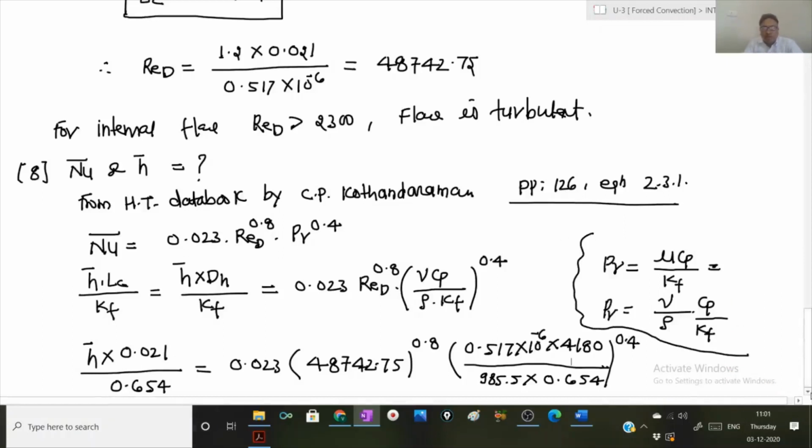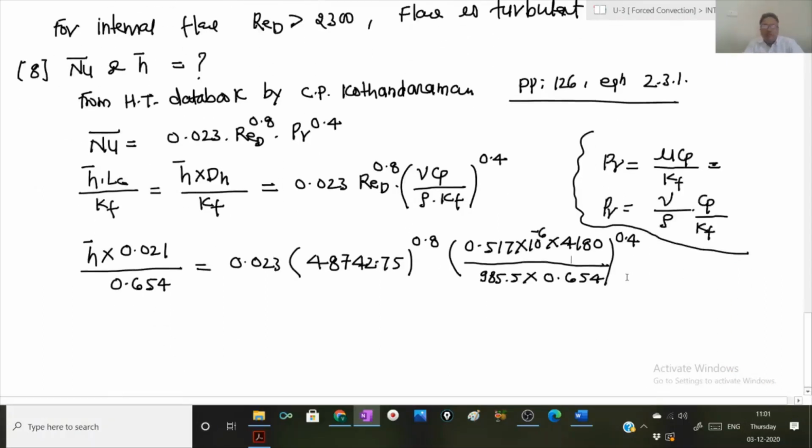So after putting all these values of rho, mu, Cp, now I can find out the value of average convective heat transfer coefficient, and this comes out 6463.8 watt per meter square Kelvin.